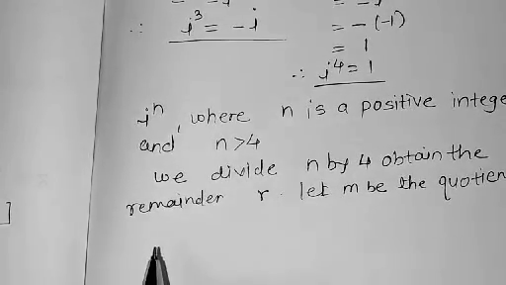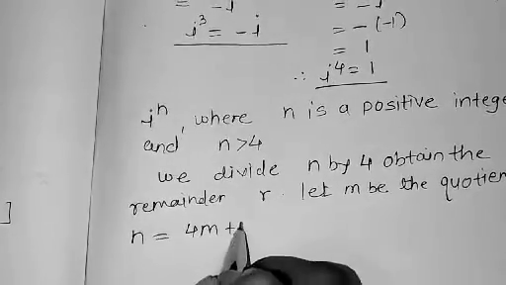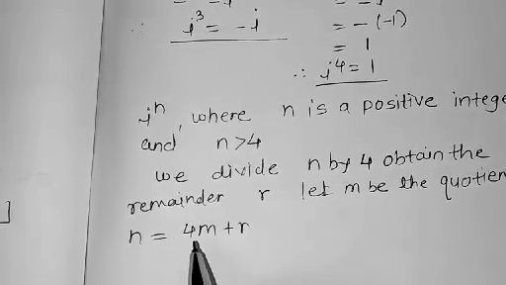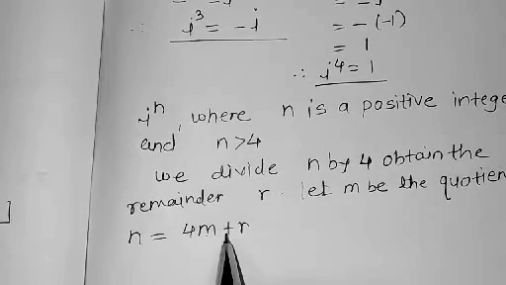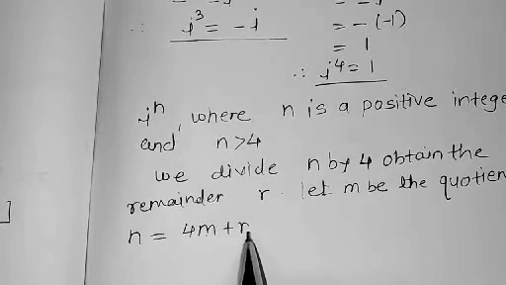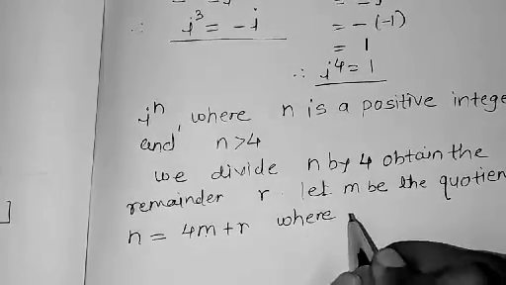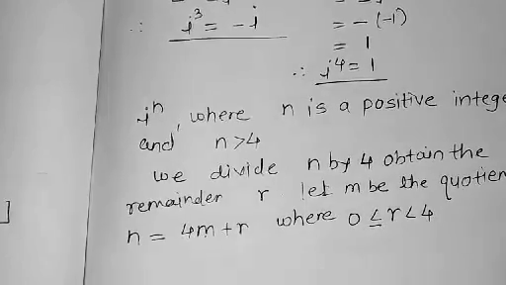So we can write n is equal to 4m plus r. That is, 4 into quotient plus remainder. One condition is that r lies between 0 and 4.